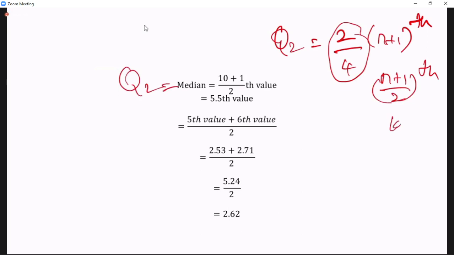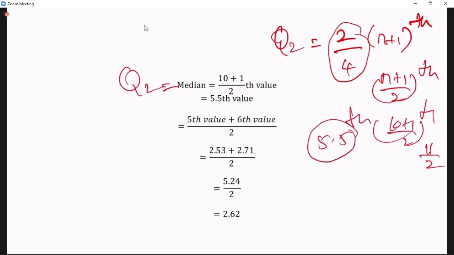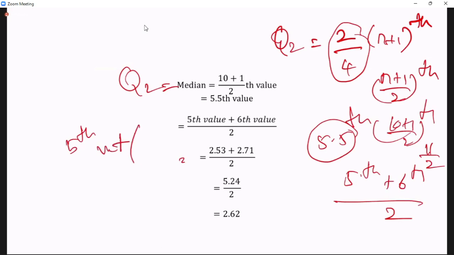So 10 plus 1 divided by 2 is 11 by 2, that is 5.5. So that is the place where the median occurs. To find the 5.5 place, you pick the fifth value and sixth value and get the average, divided by 2. Or you can just write it as fifth value plus (sixth value minus fifth value) divided by 2.